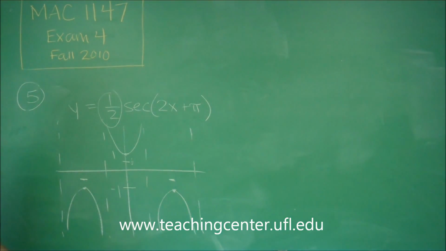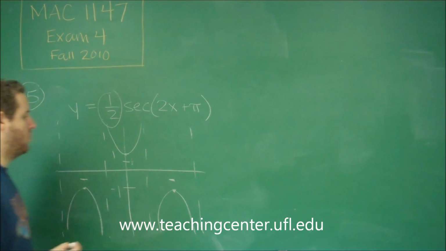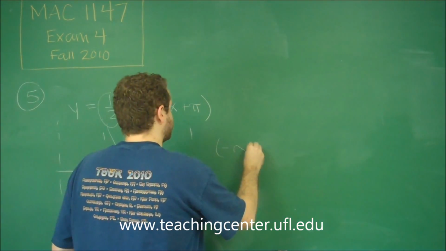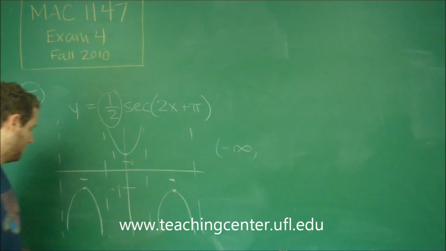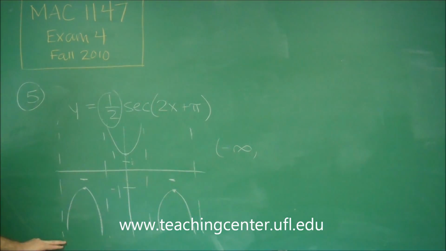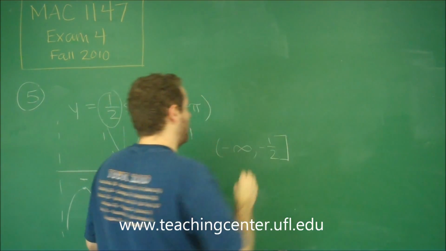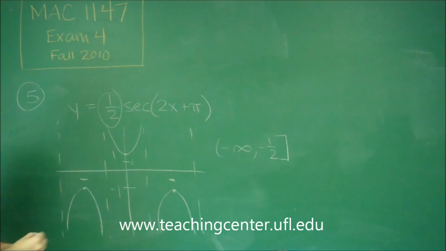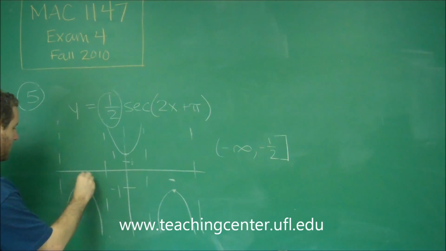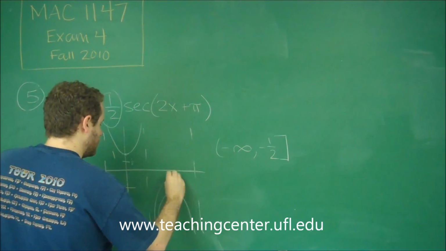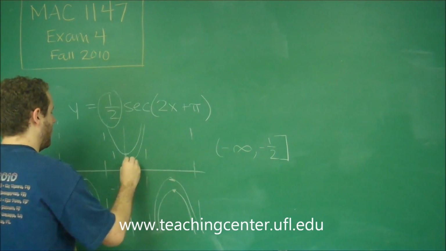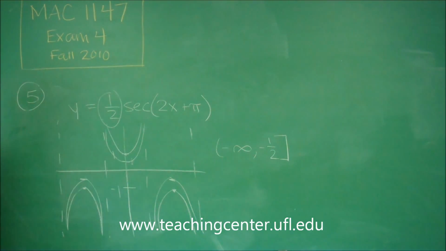So now what are our possible y values? We could have anything as far down as we want, -infinity, up to this -1/2. And we actually have a bracket there because now our loops are all going to start at that 1/2 and -1/2.